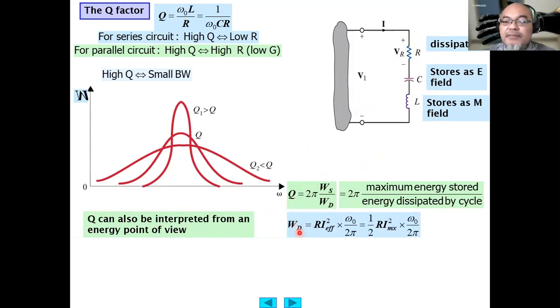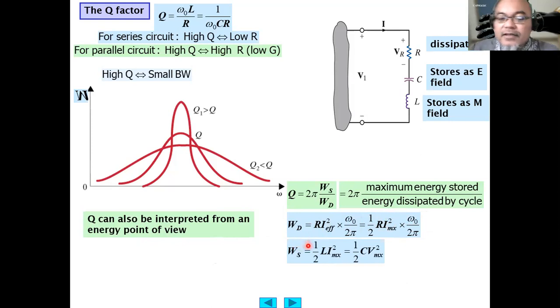So the dissipated energy equals R I squared, with R and I effective current squared, multiplied by omega 0 divided by 2 pi, or equals 1 over 2 R I squared times omega 0 divided by 2 pi. This is now the maximum, not effective anymore, but maximum current squared.